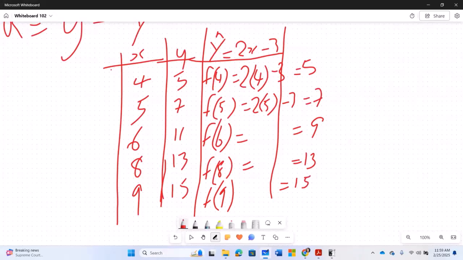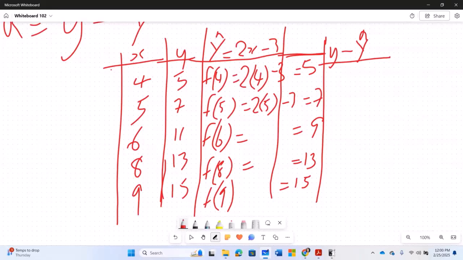Okay, so now I have found these, and we are going to subtract. At this point, we have y minus y hat, which is the residual.